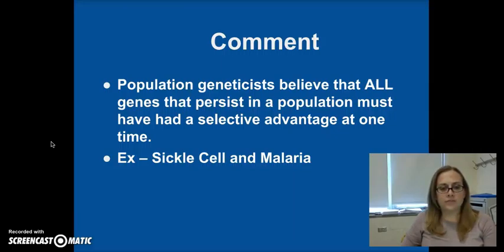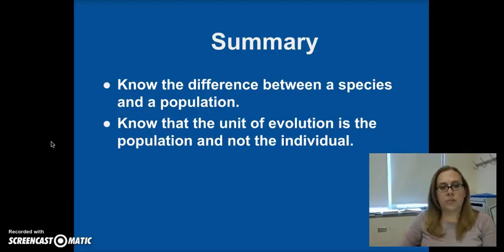So population geneticists believe that all genes that persist in a population must have had a selective advantage at one time or another. And so again, that's where this sickle cell allele comes in. So you don't want to be homozygous recessive, because then you have sickle cell anemia. You don't want to be homozygous dominant, because then you have no resistance to malaria. But if you are a heterozygote, you sort of win at both.